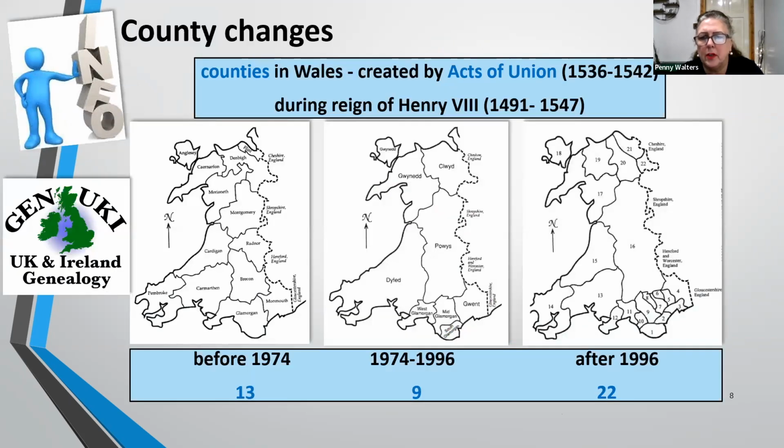So for example, in Wales, there have been different numbers of counties, and obviously my ancestors live on a county border, so I lose them occasionally, and it's basically because the number of counties has decreased and increased. And irritatingly, mine live on the county border. A lovely website for looking at UK and Ireland genealogy and including these maps and county boundaries is Genuki. So again, clickable in your handout.